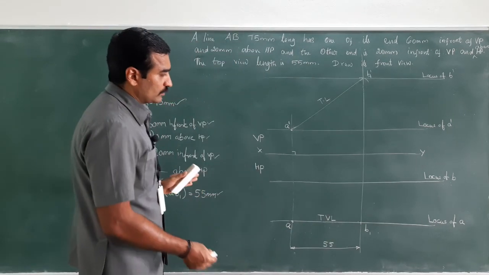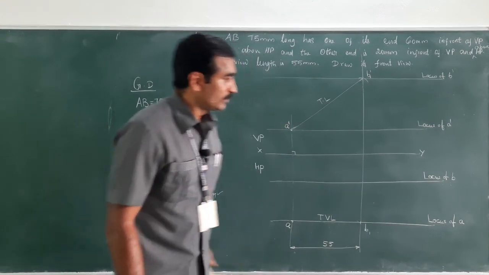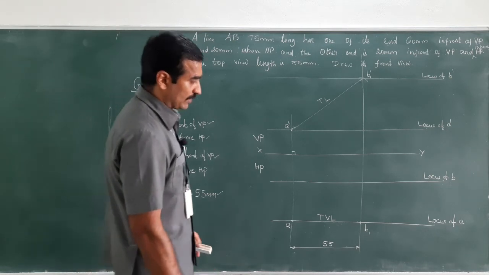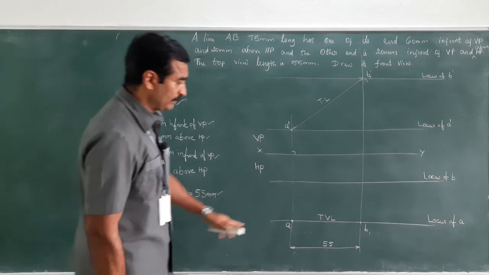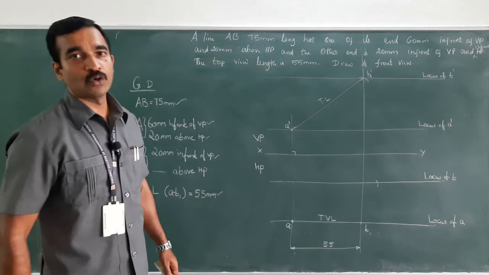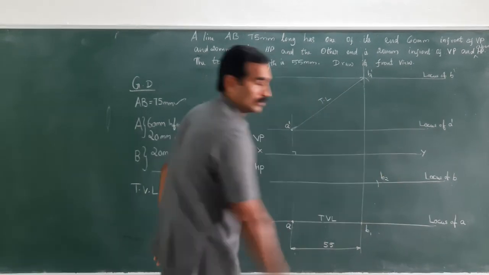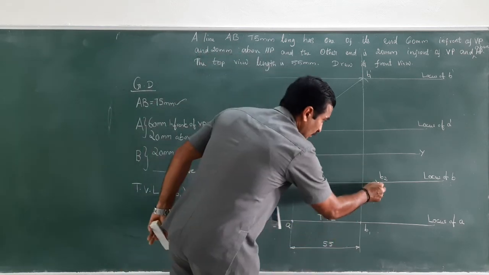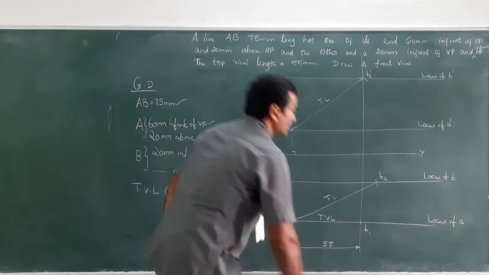Next I have to draw the true length on the locus of A. Take the 75 mm compass, keeping A as center, cut an arc on the locus of B, and this point could be B2. Now draw a line connecting the points A and B2. This is nothing but the true length.